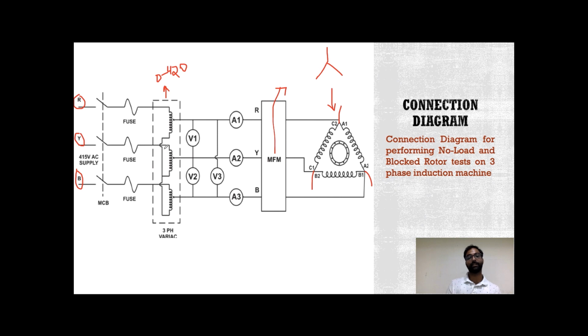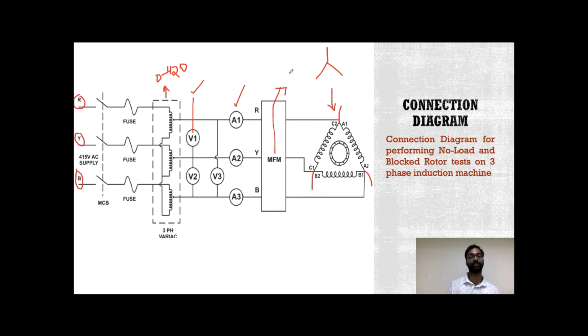While increasing the voltage, when we reach the rated voltage, we will get some rated speed on the RPM meter in the panel, and we will take the readings at that condition. We will take the readings of the voltmeter for voltage at no load, the ammeter for current at no load, and the multifunction meter for power and power factor at no load.